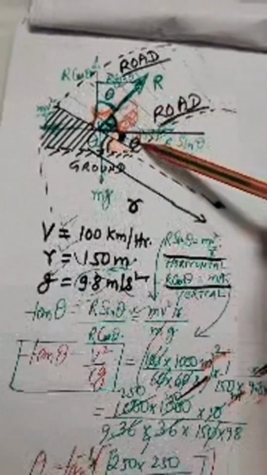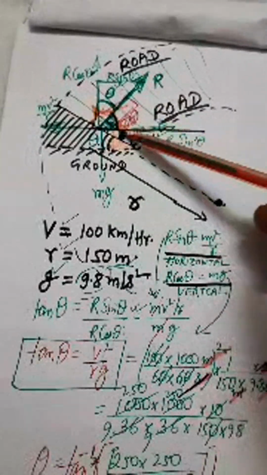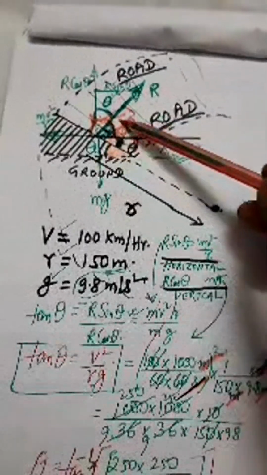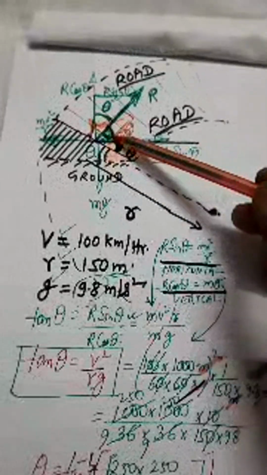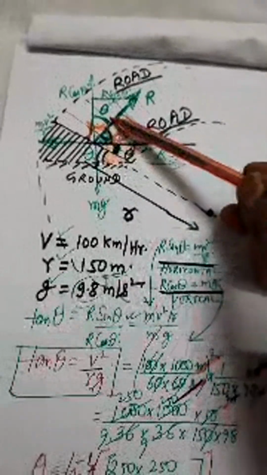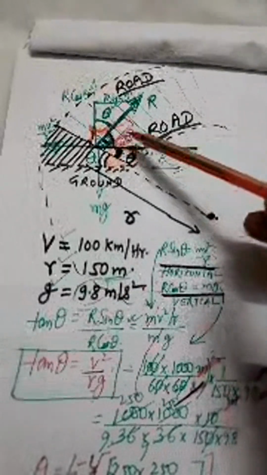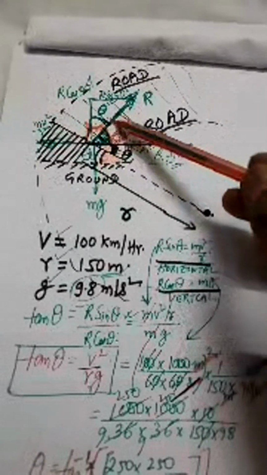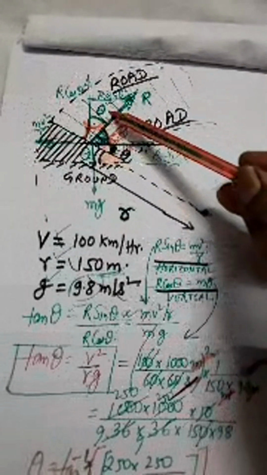And this green unknown angle plus this theta marked in black will be equal to 90 degrees. Similarly, this green angle plus this angle will be equal to 90 degrees. When you subtract this common green angle, you will find this angle is equal to theta.